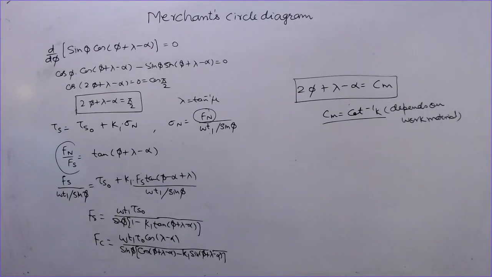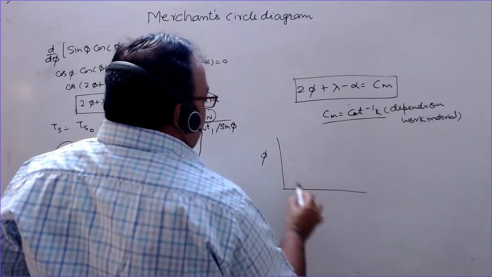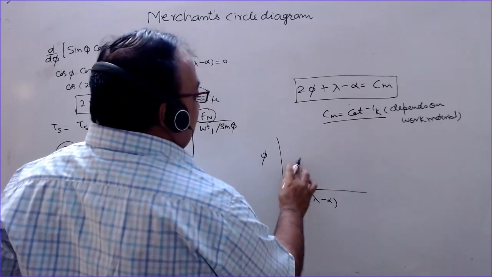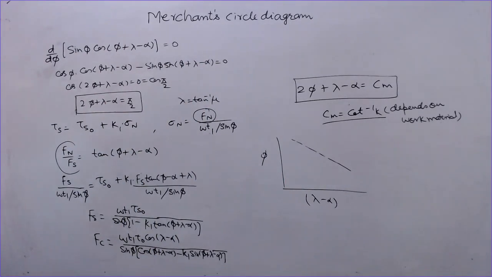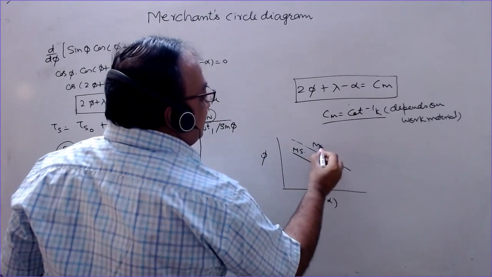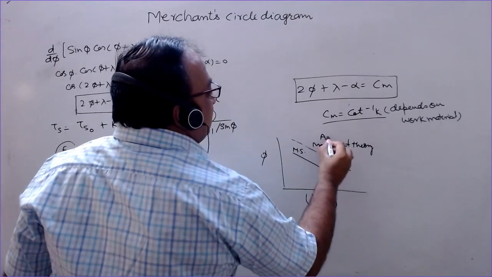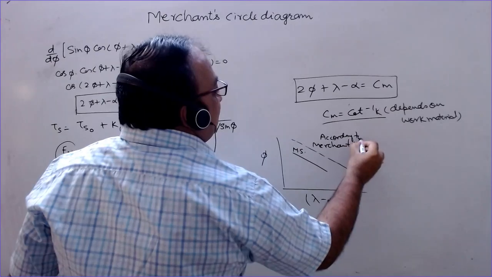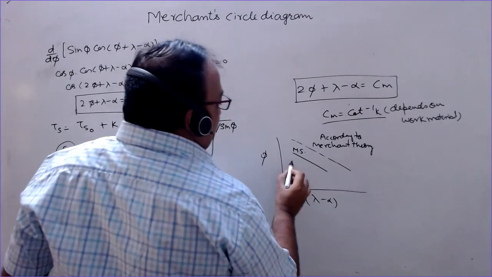If you draw the graph between phi and lambda minus alpha for machining a particular material, according to Merchant's theory, the graph must be like this. And for machining mild steel, the graph was like this, parallel to this. For many materials, when the graph was plotted, we got results confirming this.